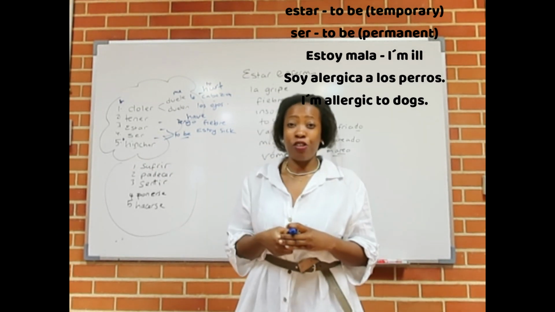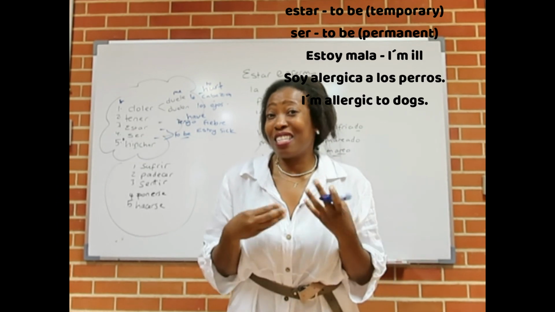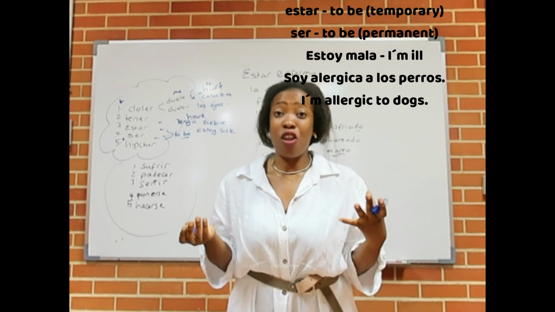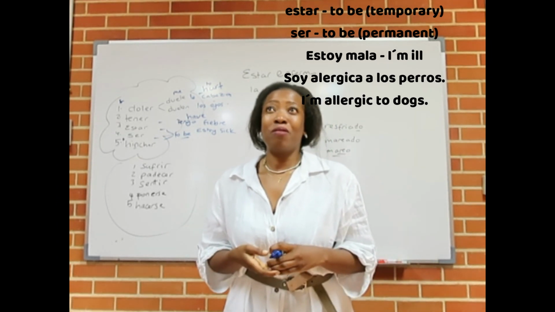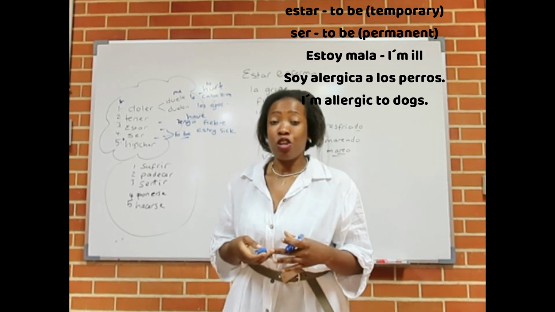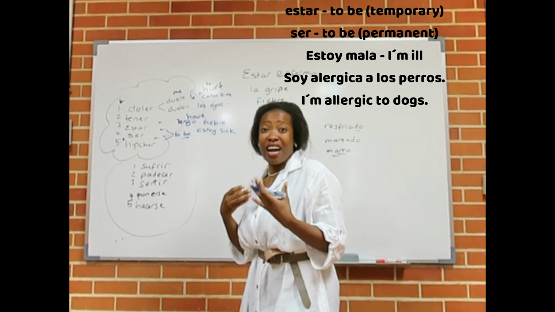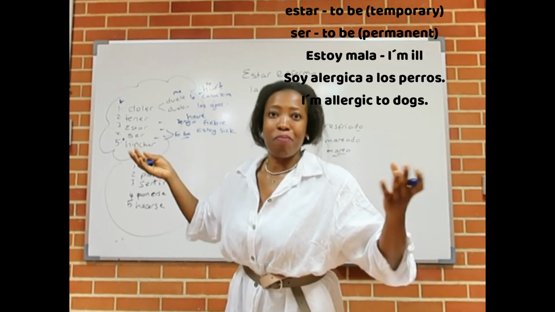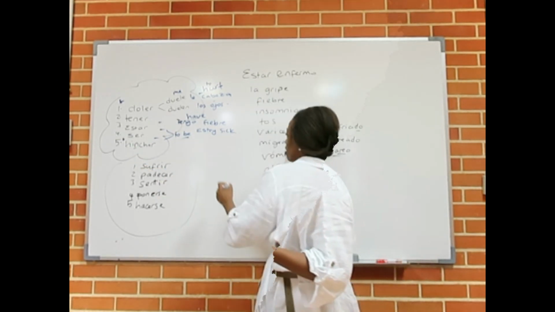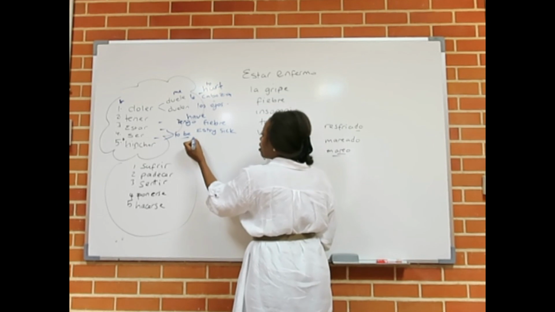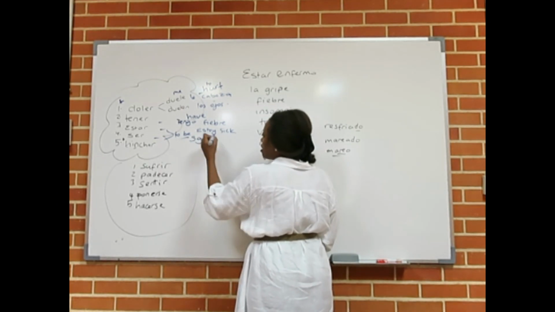So you might apply it to I'm allergic, because allergies tend to last longer, years, and sometimes a whole lifetime. So you might say, soy alérgica al, no sé, al pescado. Soy, which is permanent.